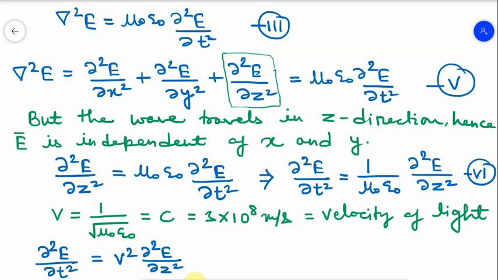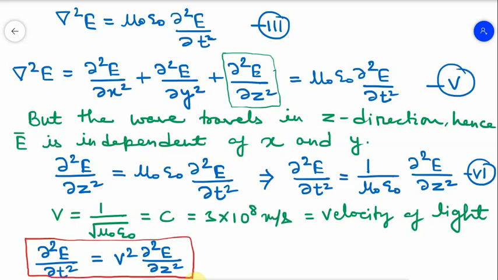And why have we written V square? Because it is 1 upon mu 0 epsilon 0 and V equals 1 upon root over mu 0 epsilon 0. So if we want to replace it with this value, we have to write V square. Okay, and this is another form of the wave equation, and this is for free space.